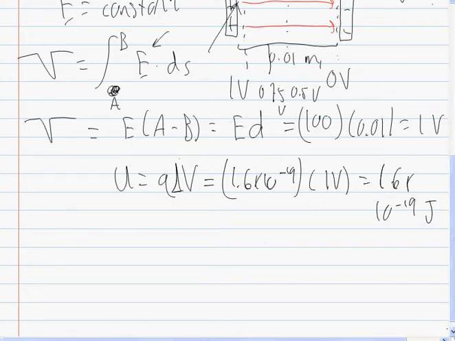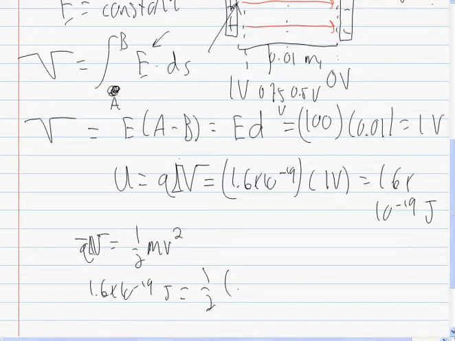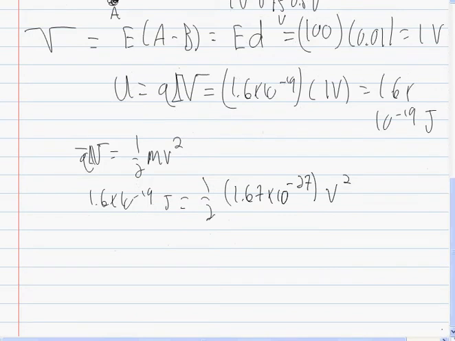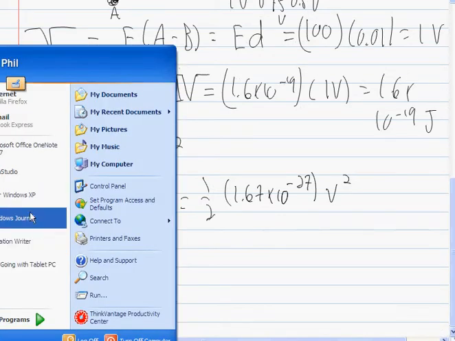So we're going to set that equal to 1/2 mv squared. So then we can say 1.6 times 10 to the negative 19th joules equals 1/2 times 1.67 times 10 to the negative 27th kilograms times v squared. Let the calculator tell what it is.